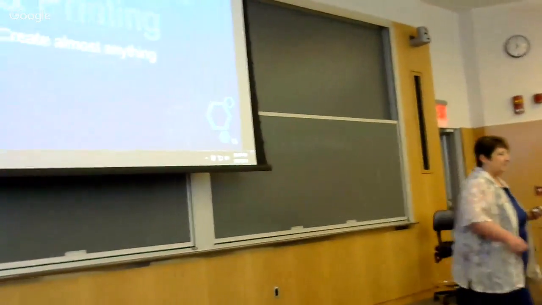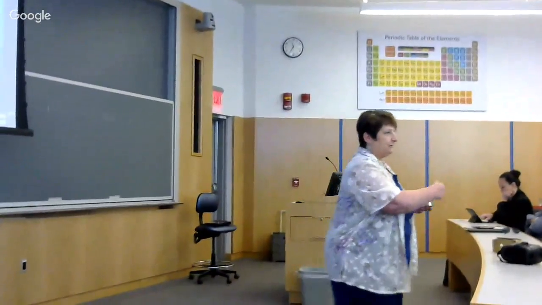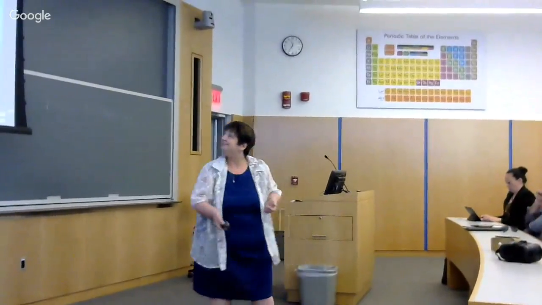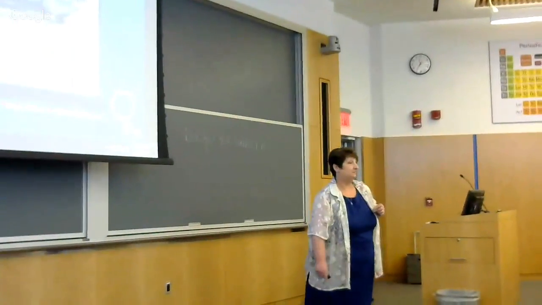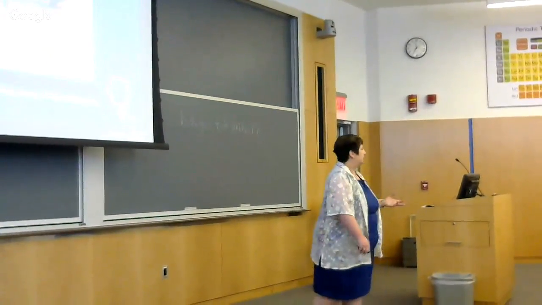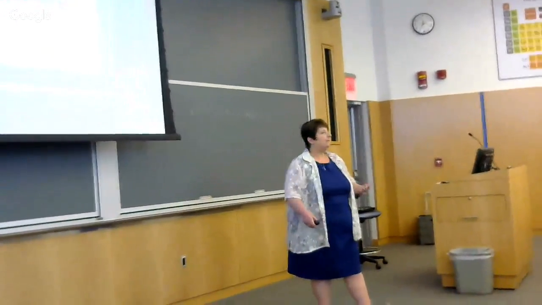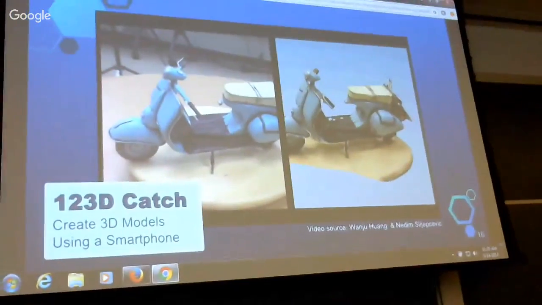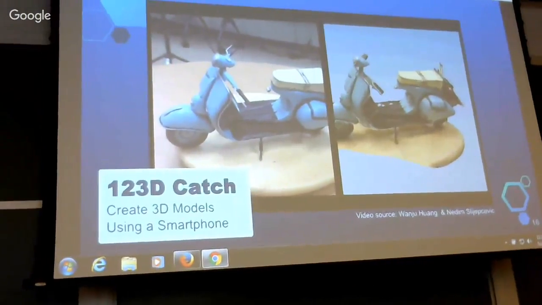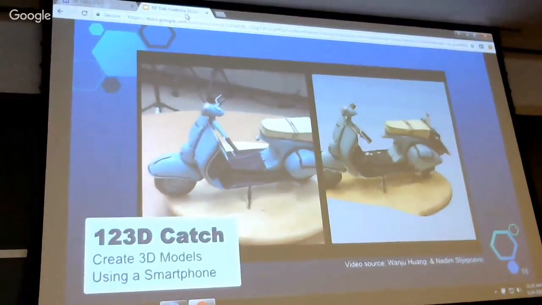Nowadays, I can take my smartphone, find any three-dimensional object, take a few pictures, and with one of the apps, I can create a 3D model. 123D Catch is the app that's out there, and it's amazing the job that it'll do with just a few pictures. Once you understand how to manipulate that 3D environment, you can tweak it a little bit to make it a little bit more accurate.